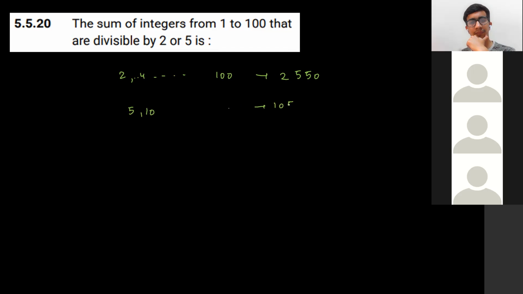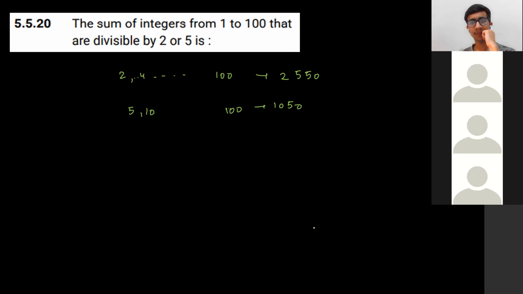Then we have to subtract the numbers which have been counted twice. So for that we will take a and d, add the sum divisible by 2 and divisible by 5, and then subtract the sum of numbers which have been counted twice. Okay, so which numbers are counted twice?